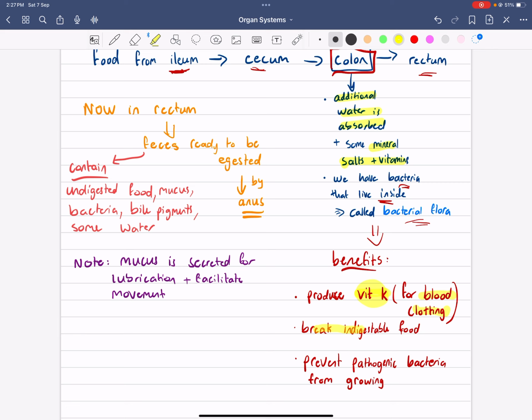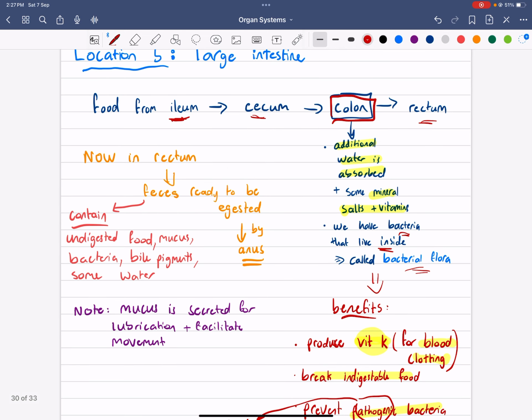It breaks down undigestible food, and it also prevents pathogenic bacteria. Pathogenic means bacteria that cause disease, okay? Pathogens are agents that cause disease. So the beneficial bacteria, or good bacteria, that live in our large intestine prevent pathogenic bacteria from growing because they compete for resources. So it doesn't allow the pathogenic bacteria to grow and reproduce.